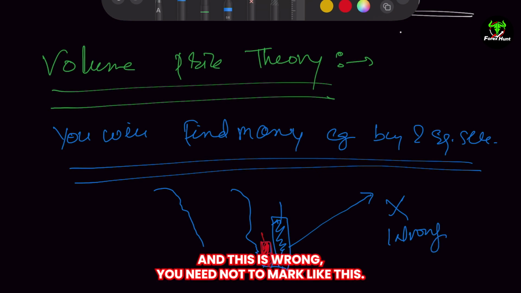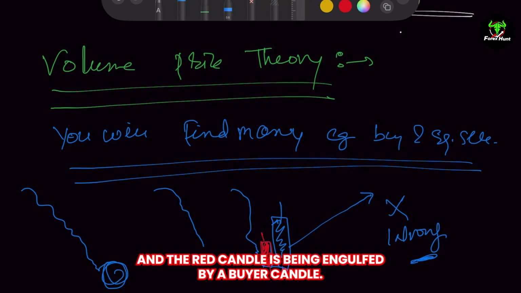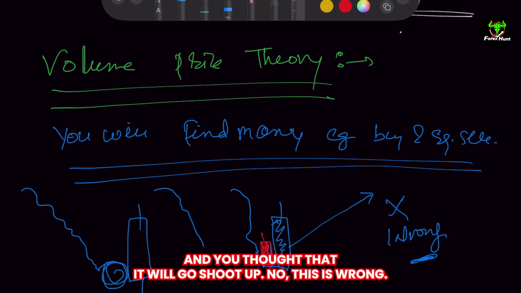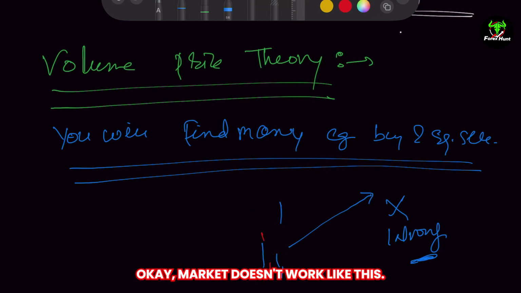You need not mark like this, where the market is falling from the upper side, suddenly a red candle comes, it is engulfed by a buy candle, and you think it will shoot up. No, this is wrong. The market doesn't work like this.